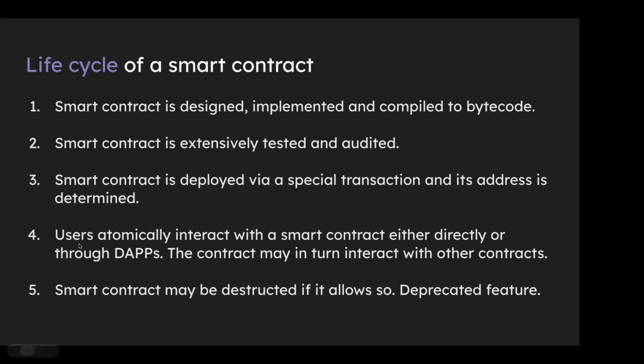Number 4: users atomically interact with smart contracts either directly or through decentralized applications. The contract may in turn interact with other contracts. Once the contract is deployed, you can call the functionality of the contract directly.